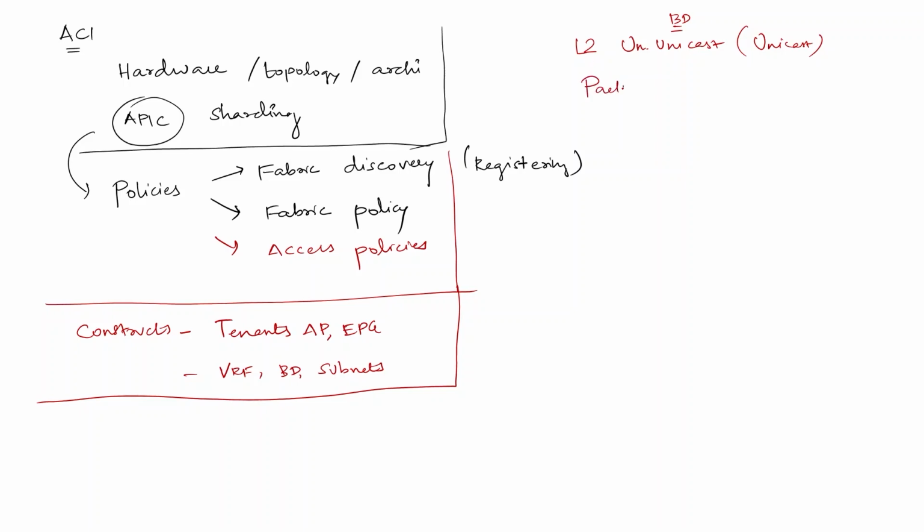Packet path, packet switching, and packet forwarding in ACI. That is one thing we will go into detail, because all the configurations are aimed at the connectivity and optimization of the packet path. So we will see that. Then we will also see what are the various domains that could be integrated with the ACI fabric.